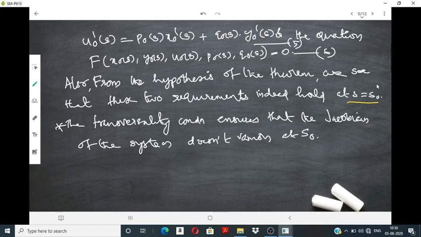We know the one more condition that the Jacobian is not equal to 0, that is x naught dash at s naught into F q minus y naught dash into F p is not equal to 0, so the Jacobian of the system doesn't vanish at s naught.